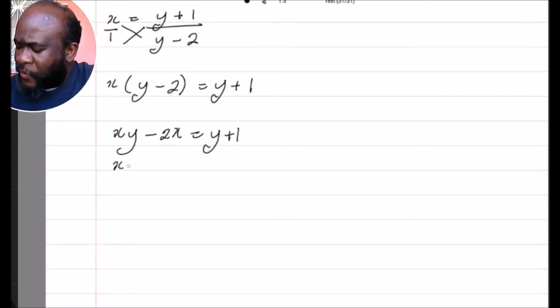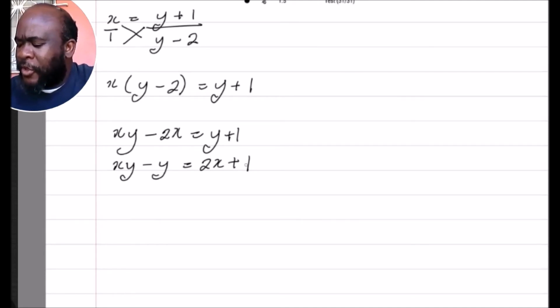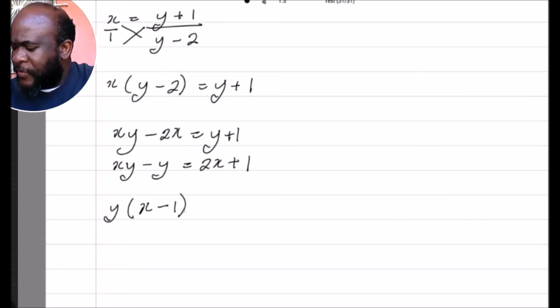We have xy minus y is equal to 2x plus 1. So positive y comes over and becomes negative. Negative 2x goes over and becomes positive. y is common on the left. So I have y and in bracket x minus 1 is equal to 2x plus 1.